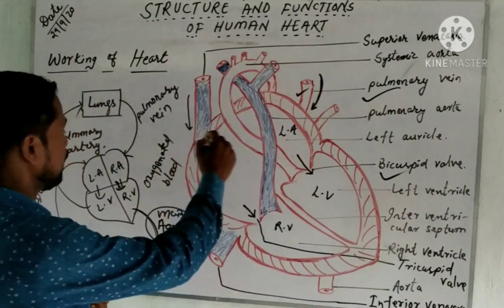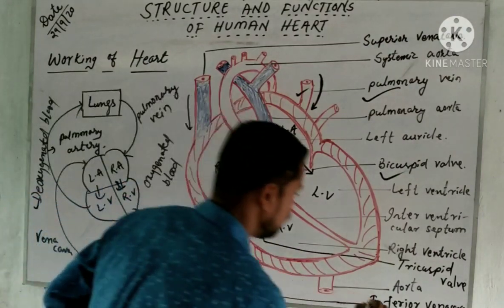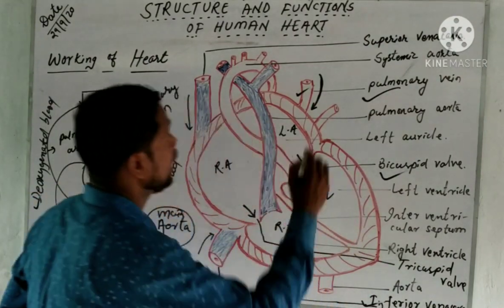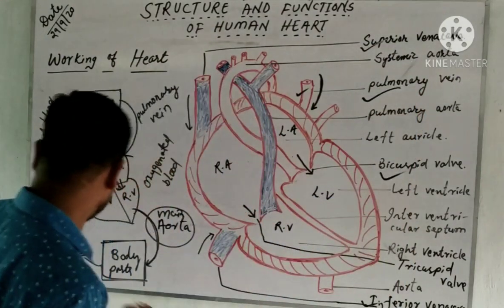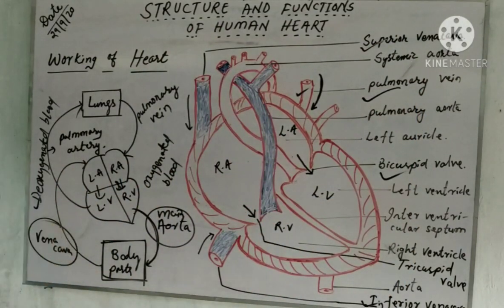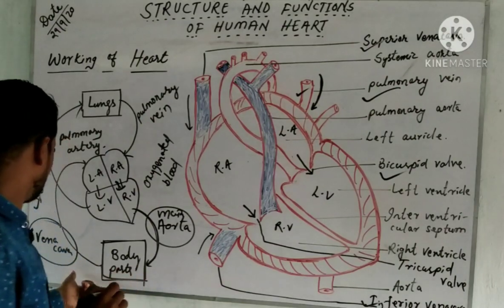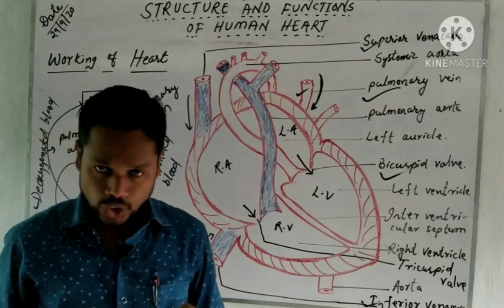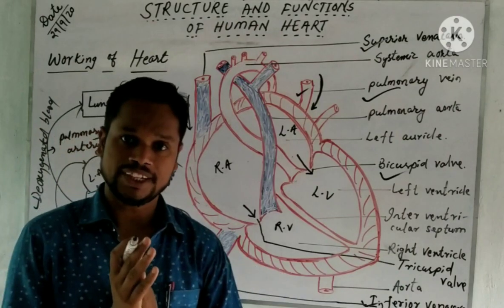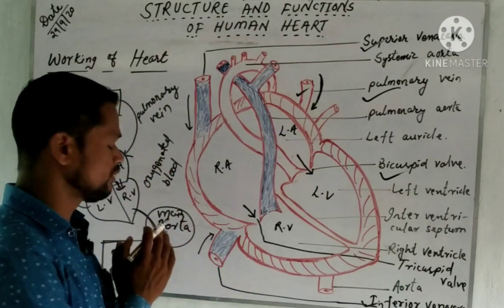Remember, all of you see, I have written here the inferior vena cava and the superior vena cava. From the body parts, blood is sent to the heart by the vena cava.